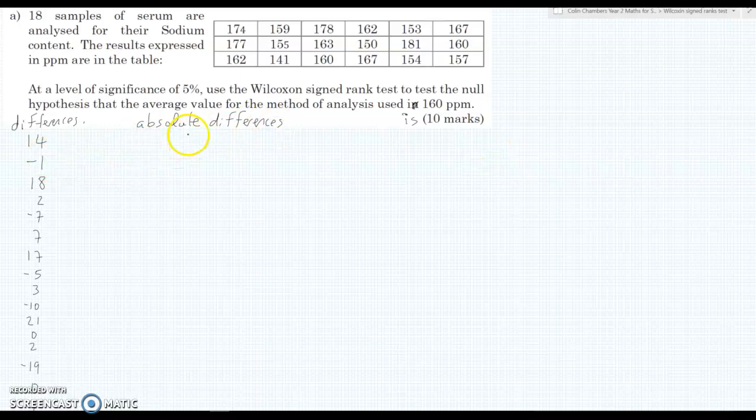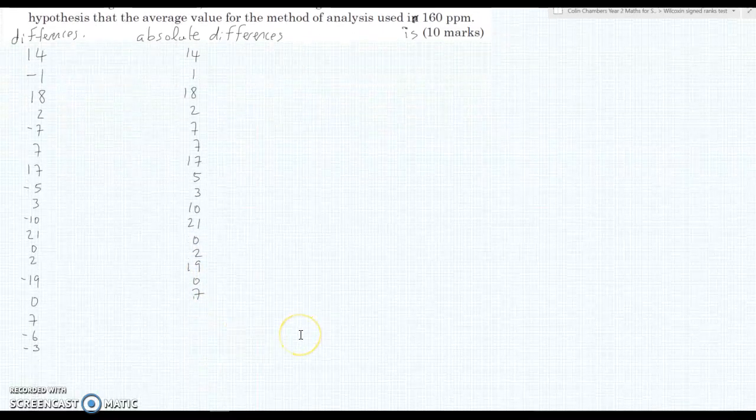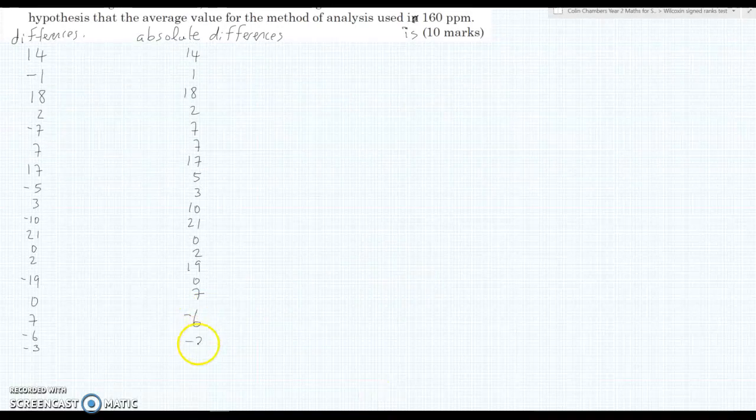So we have 14, 1, 18, 2, 7, 7, 17, 5, 3, 10, 21, 0, 2, 19, 0, 7, etc. I should have them lined up a bit better. 6 and 3. Oh no, they're not going to be minus, of course, because they're absolute.